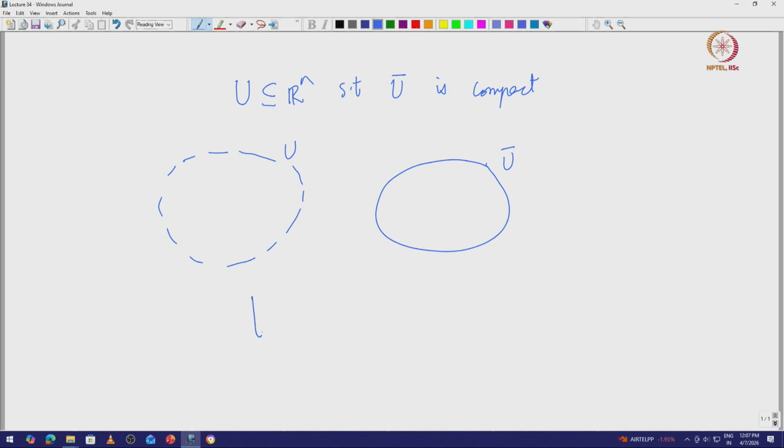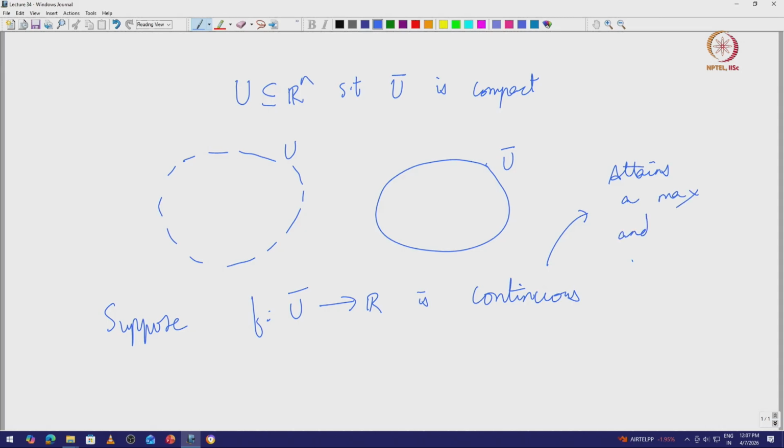Now suppose f from U bar to R is continuous. Now, as we have discussed a while ago, a continuous function on a compact set attains a maximum and a minimum.